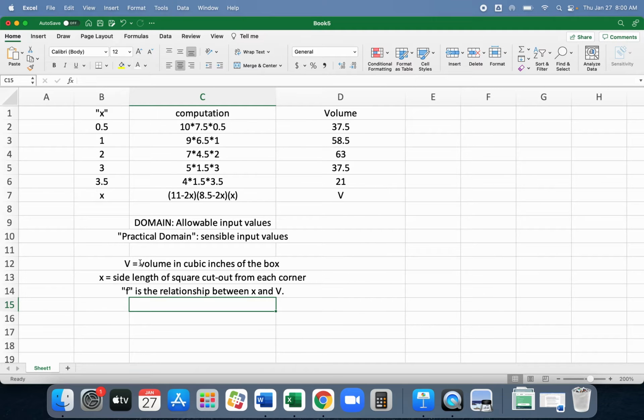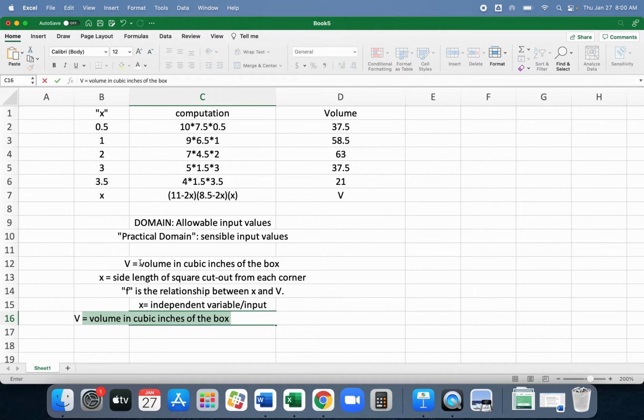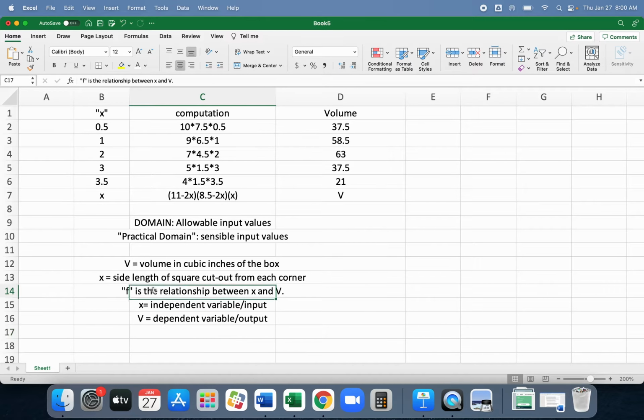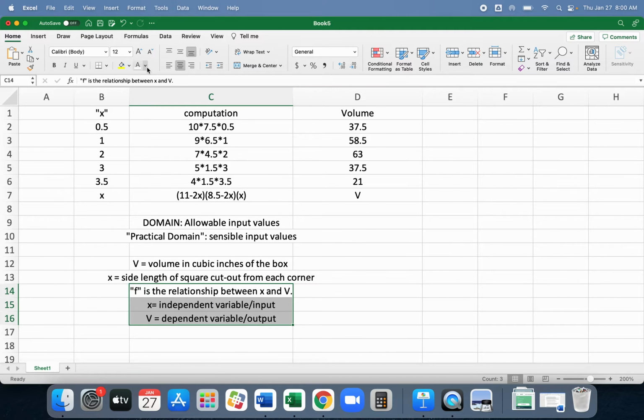Or the abbreviation for that in math, so I'll write that out. X is the independent variable in this relationship, or the input, and v is the dependent variable, or the output for this function f. So these three parts put together, let me make this wider so I can, there we go.